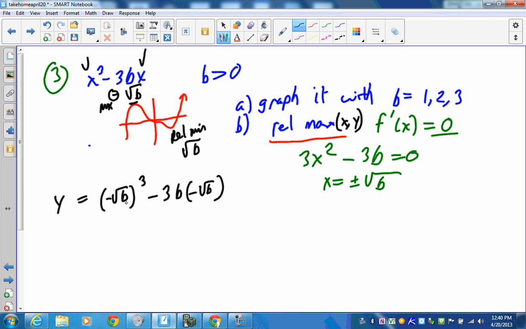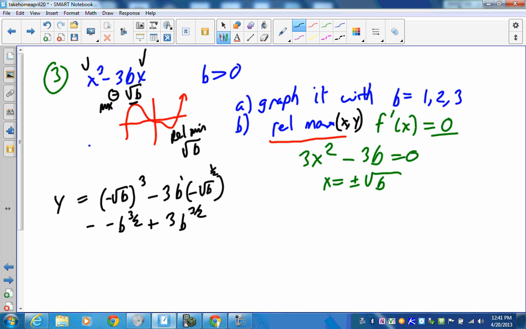So this would be negative b to the half power, minus times minus gives me 3. This is b to the first, this is b to the 1/2. Combining those, you get what? You get b to the 3/2.